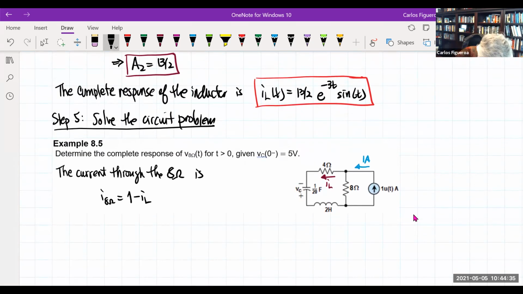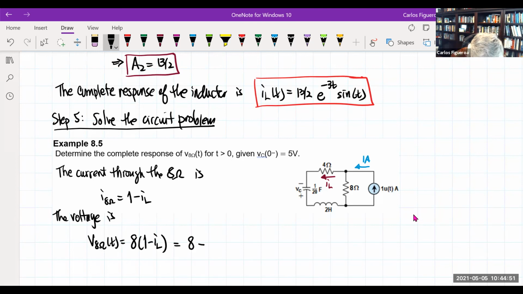So therefore, the voltage is going to be 8 times 1 minus IL. So this should be 8 minus 8 times 13/2 e to the minus 3t sine of t.